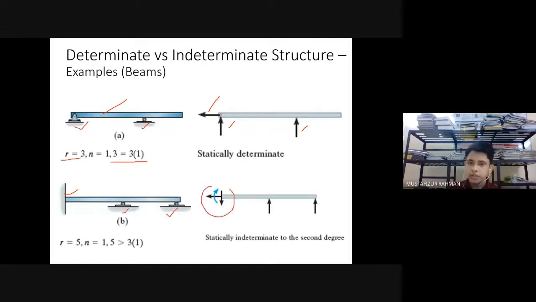So in the fixed joint, 3 unknowns and 1 for each roller joint. So we have total 5 unknown forces. 1 member, we can write 3 equations. So we have more unknown forces or reactions than equations of static equilibrium. That means it is statically indeterminate. By how much? 5 minus 3 equals 2, by degree 2.